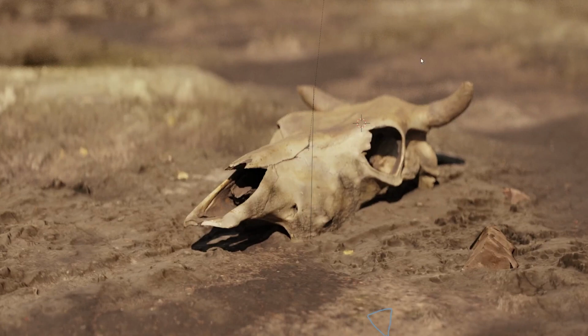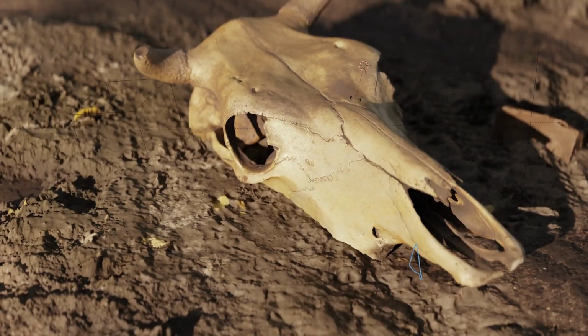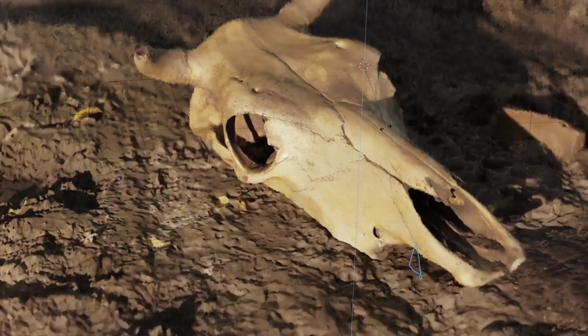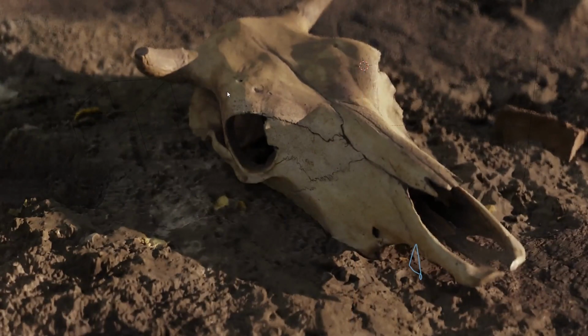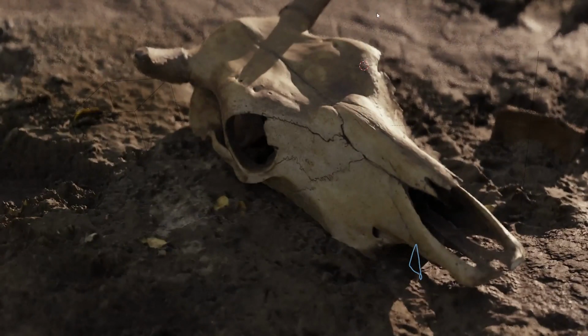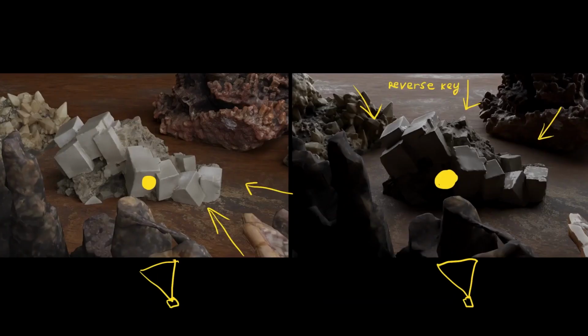The frontal light has usually less dimension than the side light, or any other combination of the light hitting the object at an angle. And of course, it's all relative to the camera position, so if the camera switched sides, the light should jump to the other side of the scene as well to maintain the reverse key lighting. So that, I think, could be a key takeaway, no pun intended, for choosing the direction of your main light source.